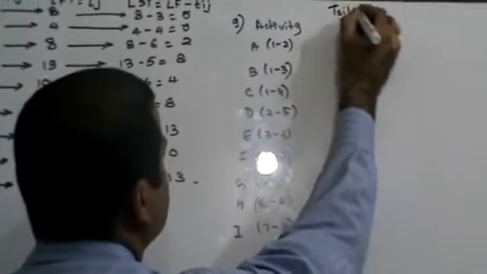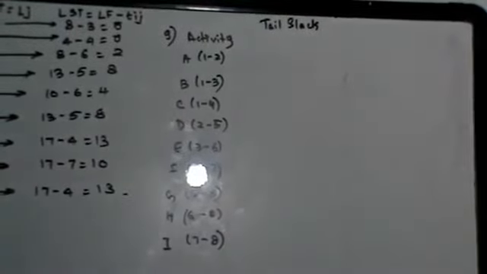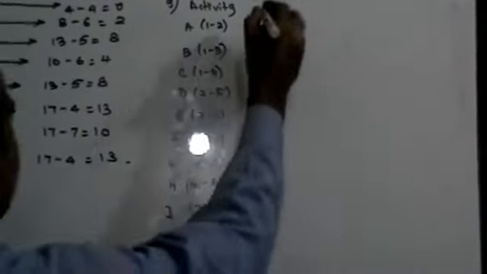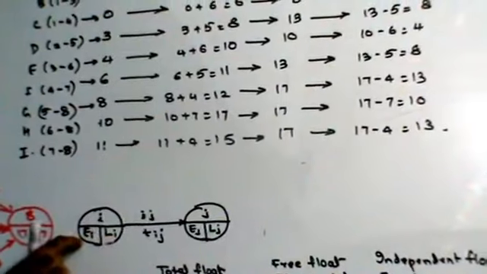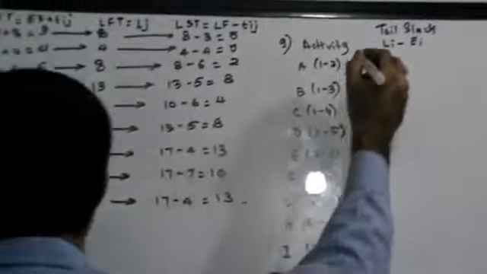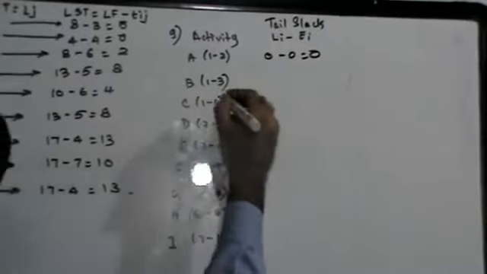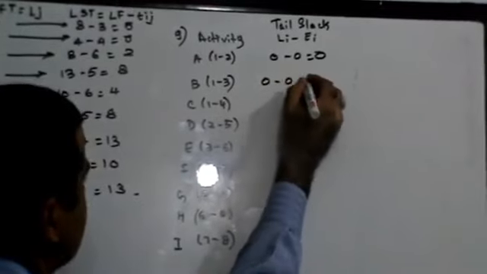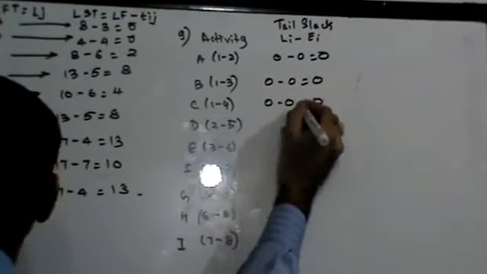One will be tail slack. How do I find out tail slack? Tail slack is going to be Li minus Ei. Symbolically, tail slack is going to be Li minus Ei. So let's see. For activity A, it is going to be 0 minus 0. For activity B, also it is going to be 0 minus 0. For activity C, also it is going to be 0 minus 0.